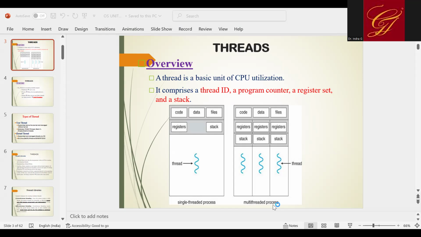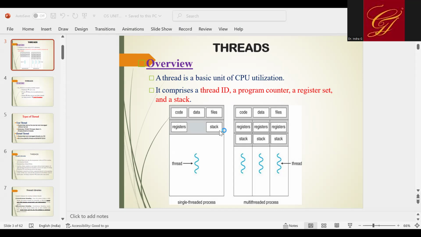When you look at the diagram for a single-threaded process, you have only a single thread under execution, which will be utilizing the code part, data part, file part, register part, and stack part. These are all portions of the memory. To store the program, you have a section of memory referred to as code.